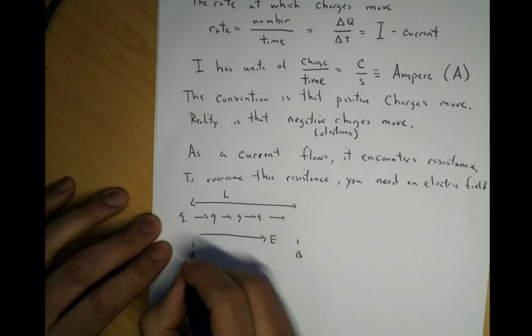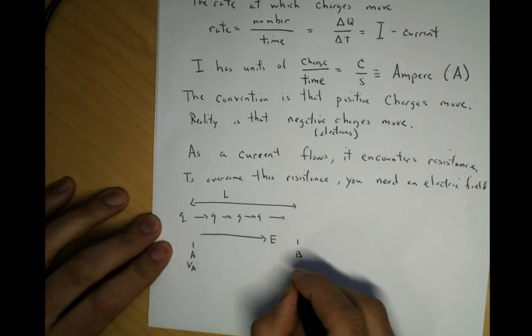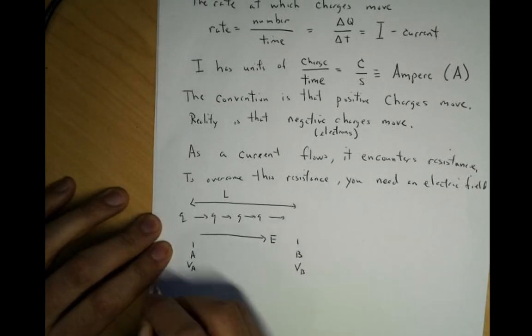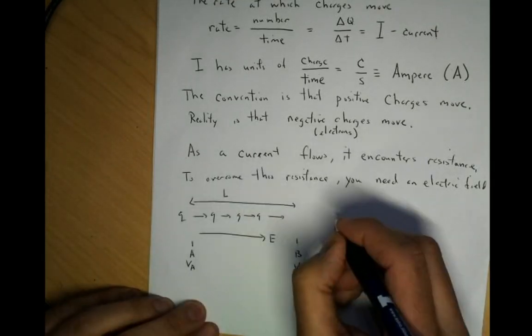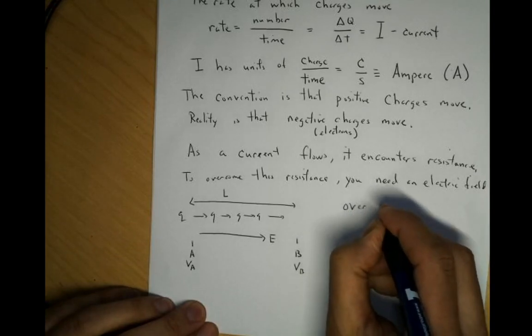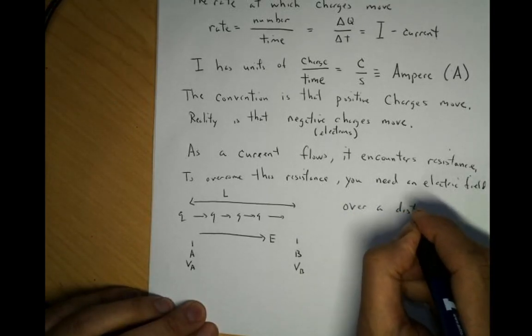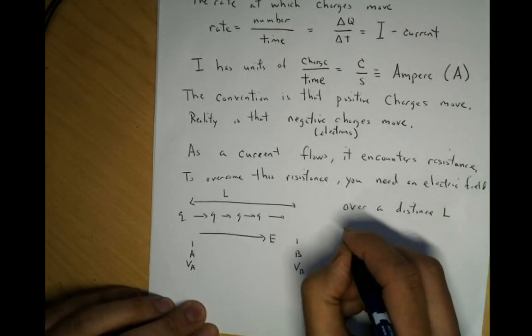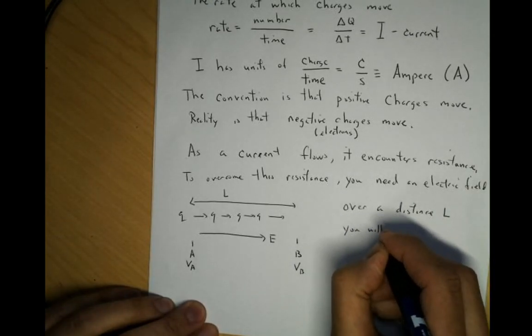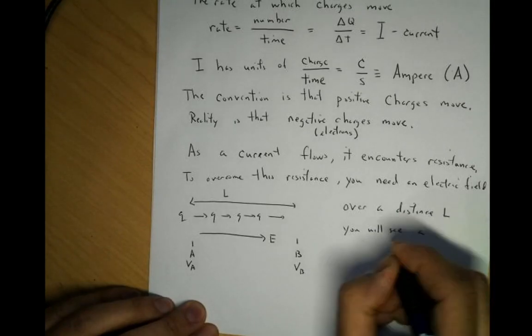You can compute the electric potential at point A and at point B, and these will not be the same. So over a distance L, you will see a potential drop.